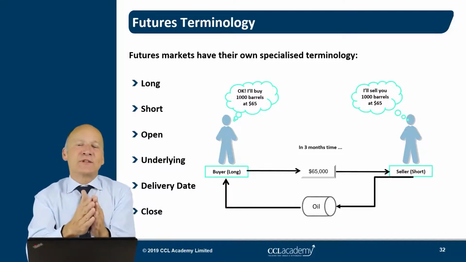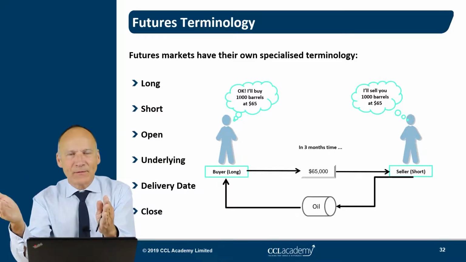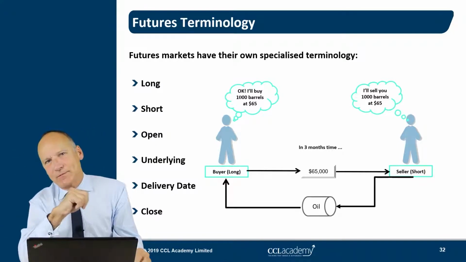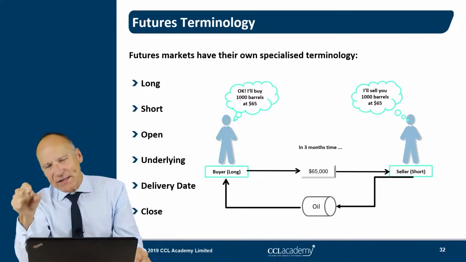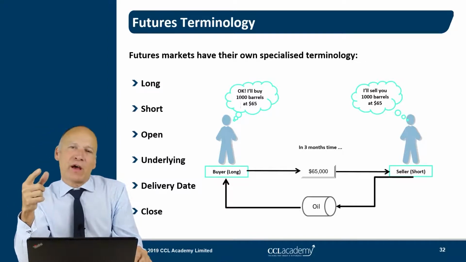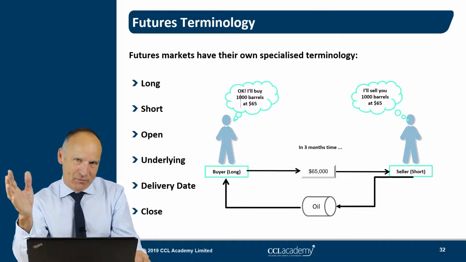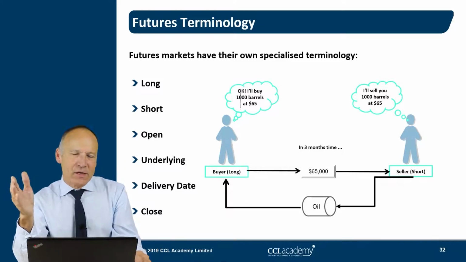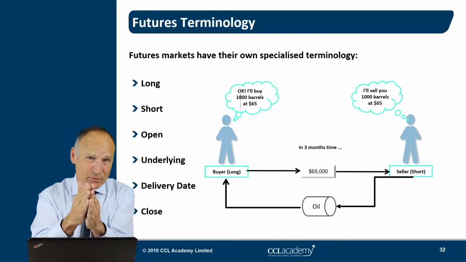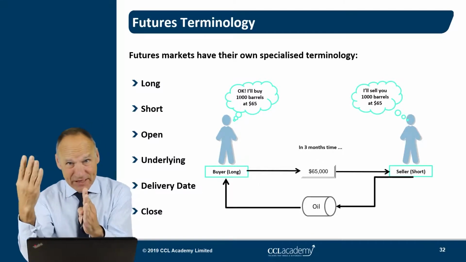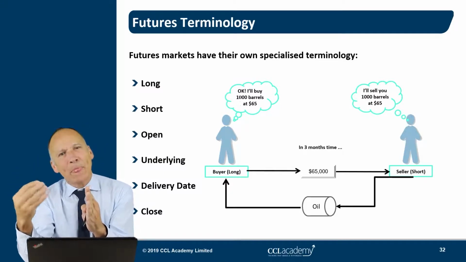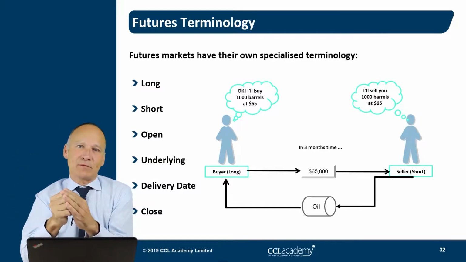Now, subsequent to that, the oil price moves. So let's say we're 4 days before delivery date. And the oil price now is not $65 a barrel anymore, it's gone up, it's $75 a barrel. So the buyer is committed to buy oil for $65 a barrel. Strictly speaking, the date of delivery is still 4 days away, but the oil price now is $75 a barrel.